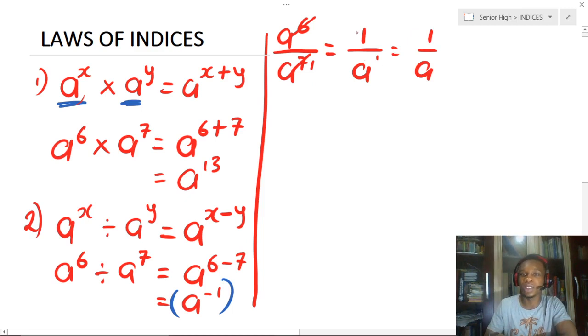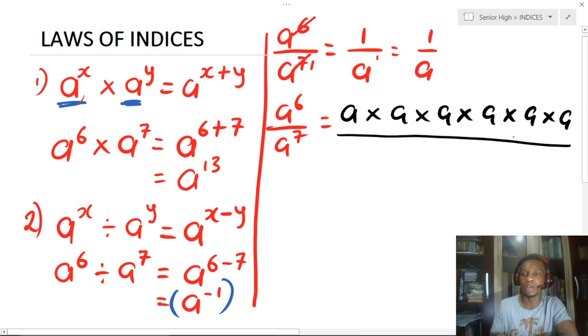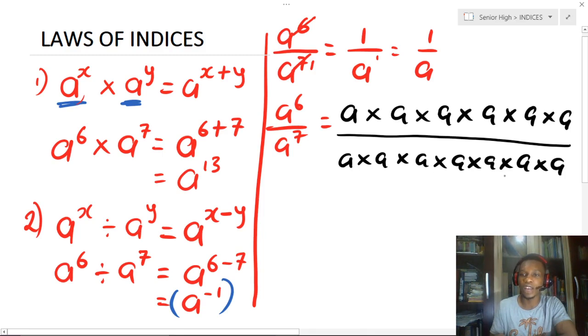Now I'll show you how this thing came about. It came about by saying when you have A raised to the power 6 over A raised to the power 7, what did we do? We said A times A times A times A times A times A, 6 A's, all dividing 7 A's: A times A times A times A times A times A times A. How many? 1, 2, 3, 4, 5, 6, 7.